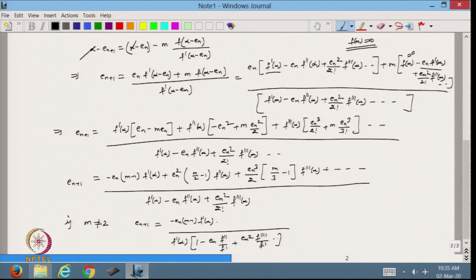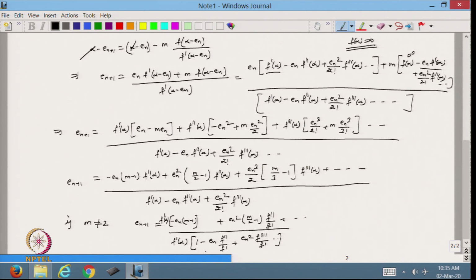And from here, f dash alpha I can take common, and inside I will get E n square m by 2 minus 1 f double dash by f dash and so on.